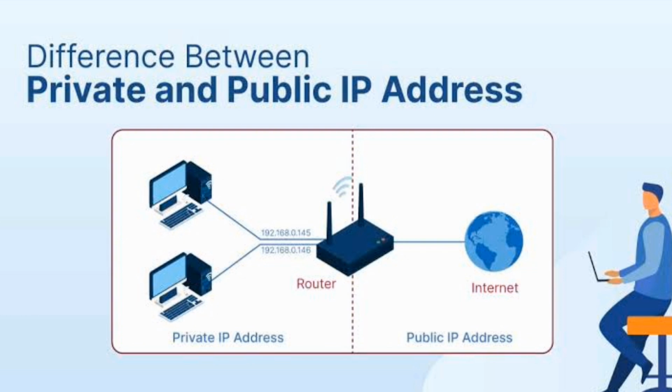For example, your laptop might have an IP address like 192.168.1.10, while your router's public IP address could be something like 203.0.113.45, something like this.